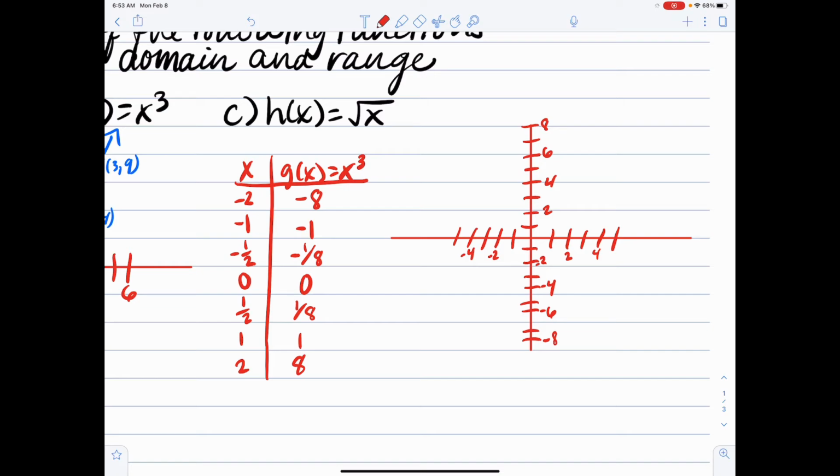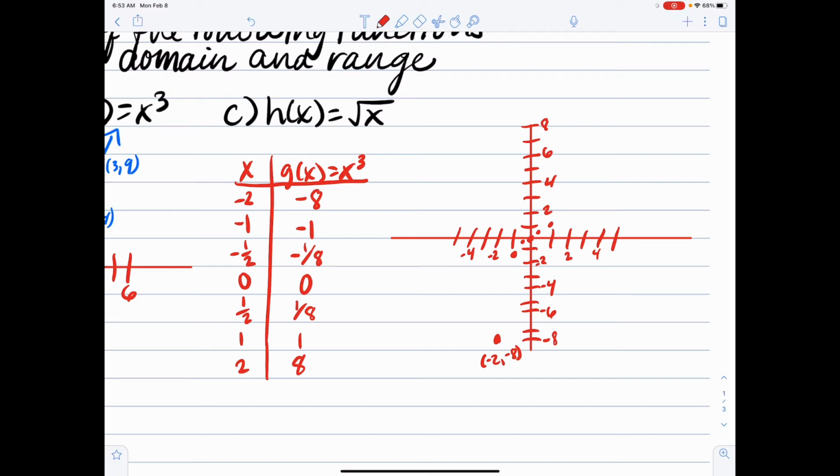So this is -2, -8 is right here. -1, -1. See how quickly it gets close to 0? And then -1/2, -1/8. So right here. And then 0, 0. 1/2, 1/8. 1, 1, 2, 8.